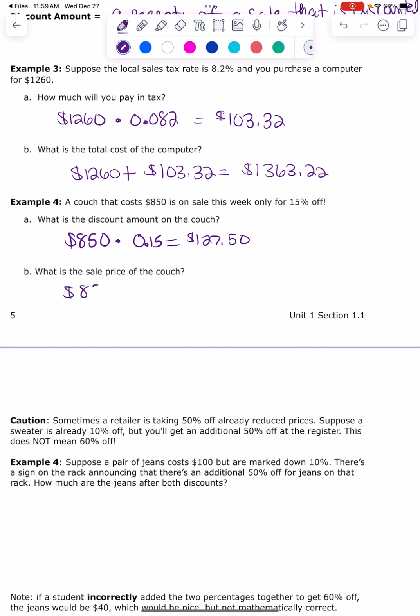So that's how much you can deduct from the price of the couch. So now it's only $722.50. Of course, you also have to calculate the taxes on that couch, unless for some reason it's tax-free. So it's going to go up again, but that's how discounts work.